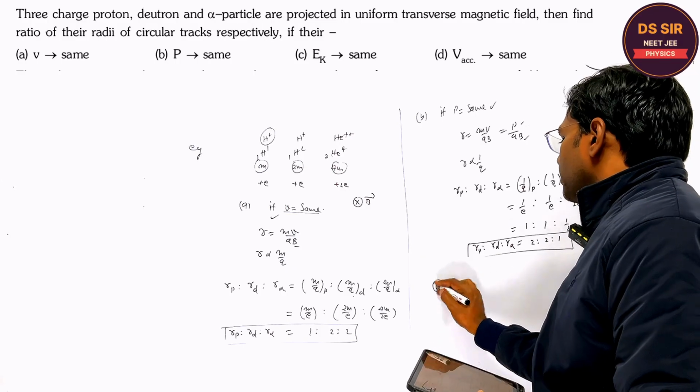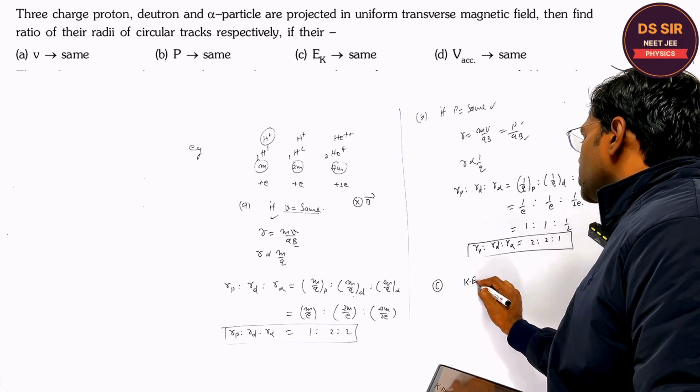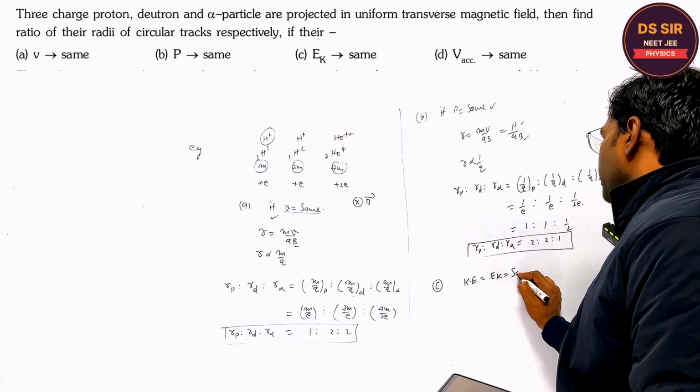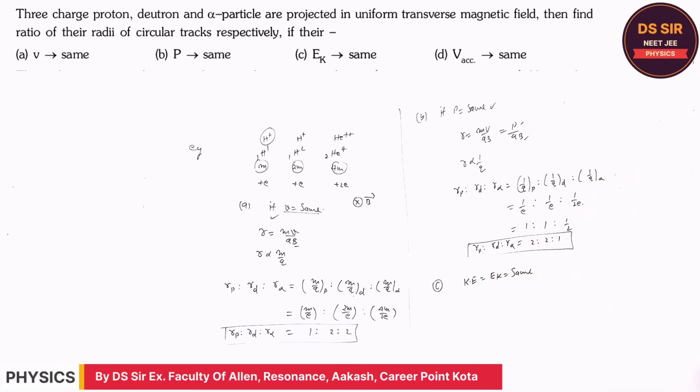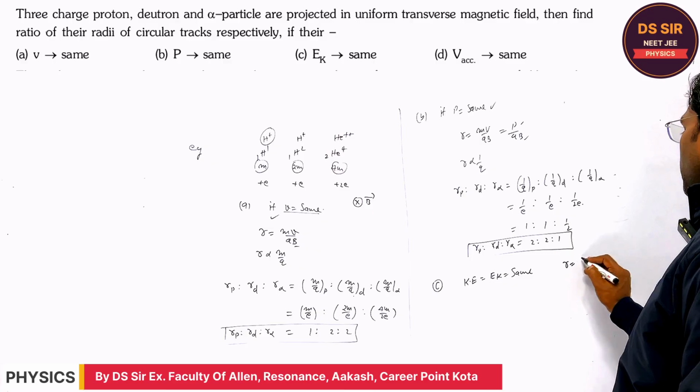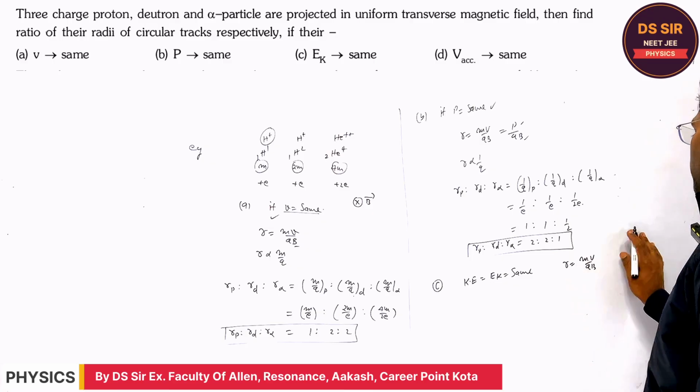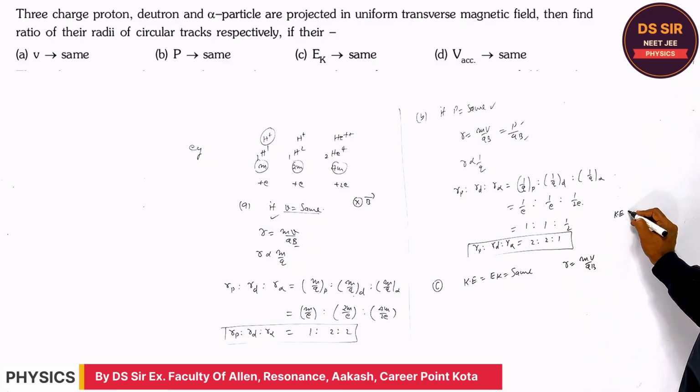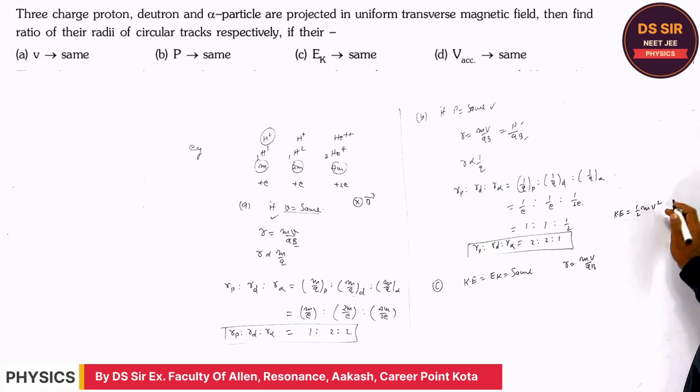What is the third part? When the kinetic energy, that is KE, is same. In this case the radius is mv upon qB, and the kinetic energy is half mv square.